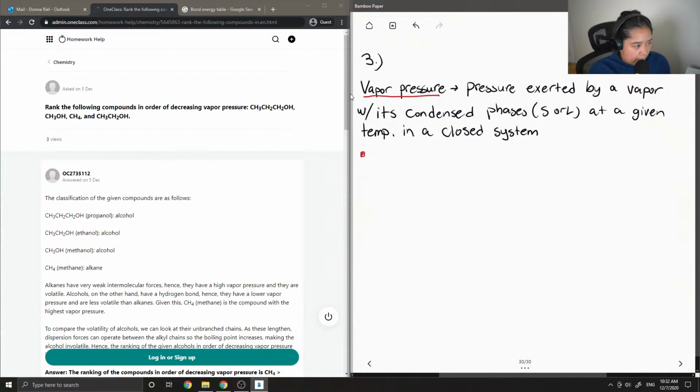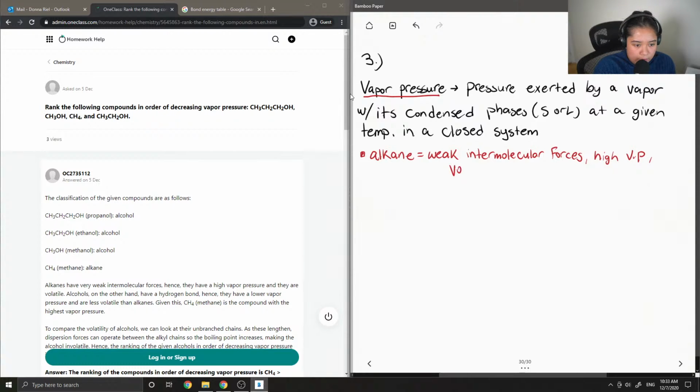Okay, so I'll just make some notes about the different functional groups of the compounds. So in general, alkanes, which are single bonded carbon bonds. So in this case, we have single bonded carbon hydrogen bonds. Alkanes tend to have weak intermolecular forces. They have high vapor pressures.